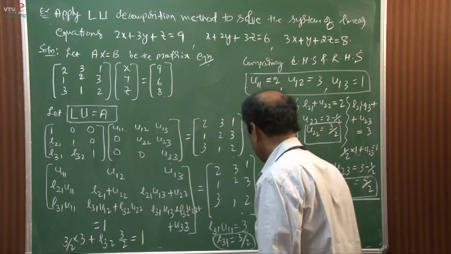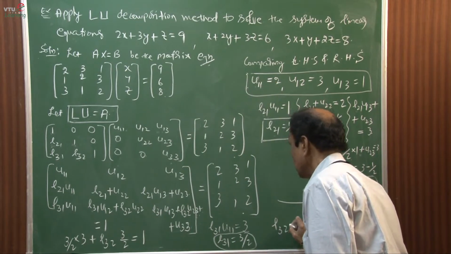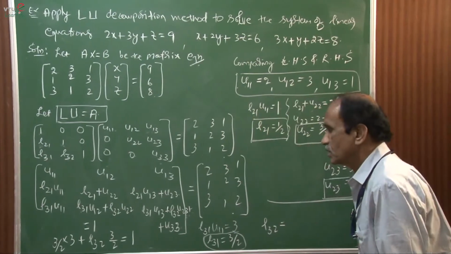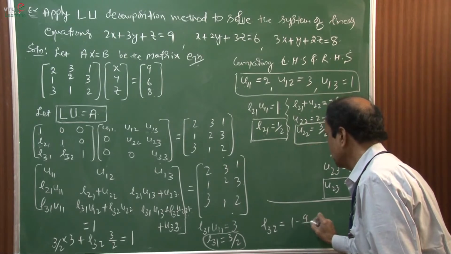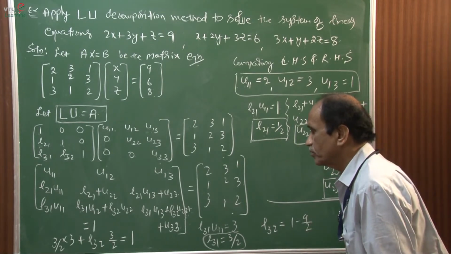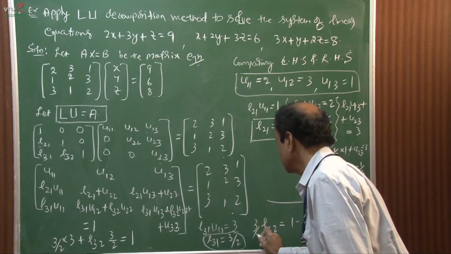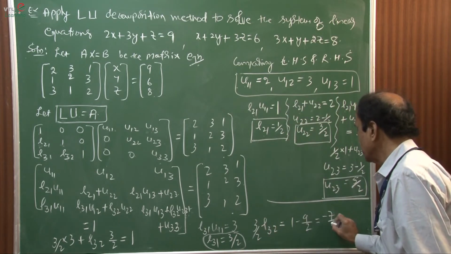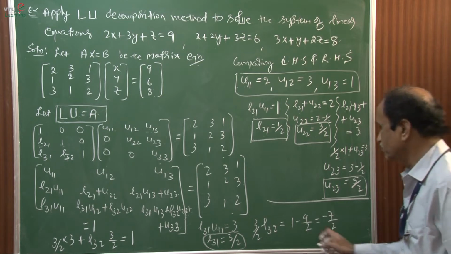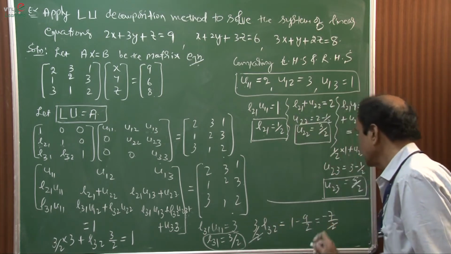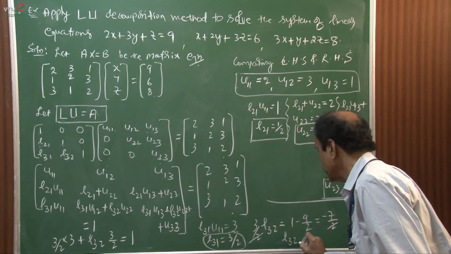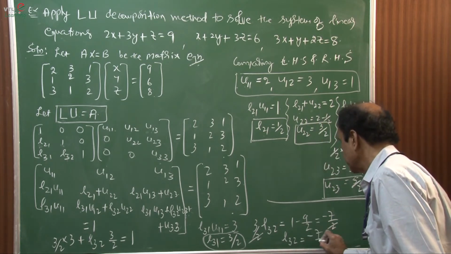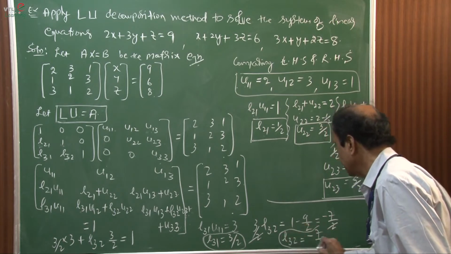Therefore L32 is equal to 1 minus 9 by 2, into 3 by 2. Therefore this is equal to minus 7 by 2, which can be cancelled. Then L32 is equal to minus 7 by 3. This is the value of L32.